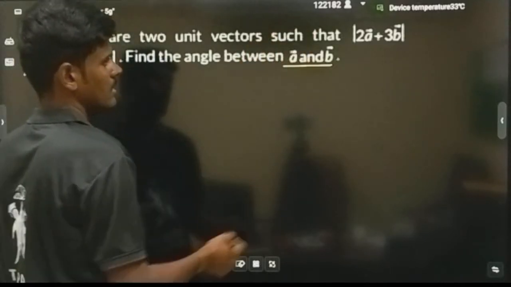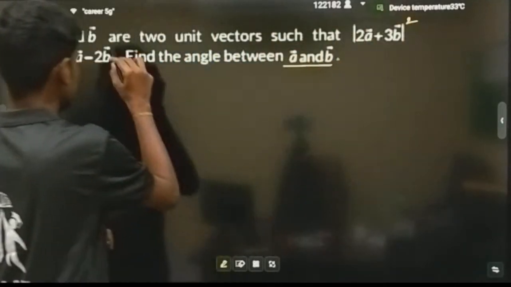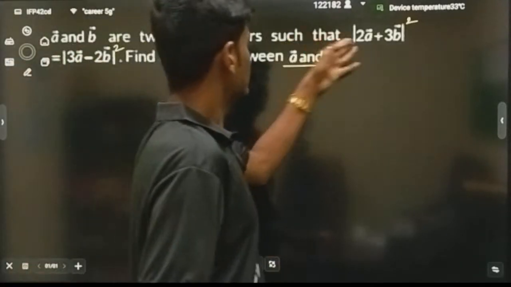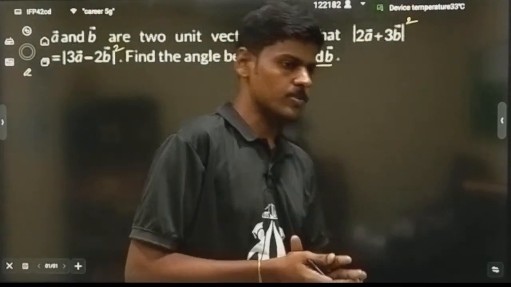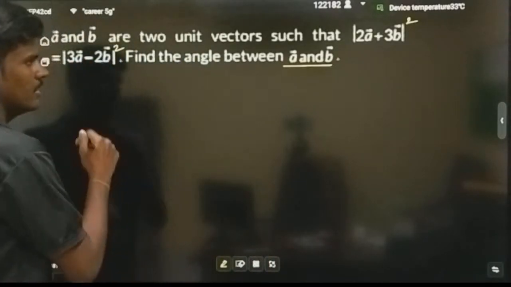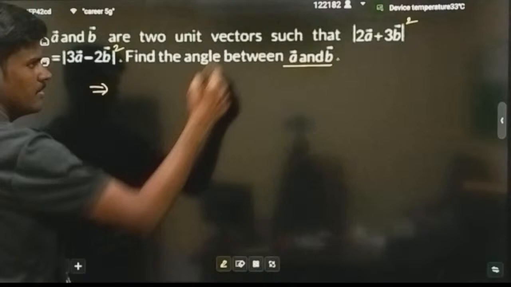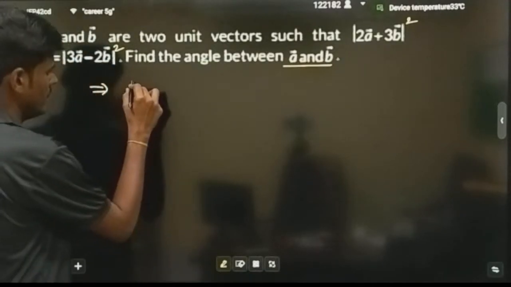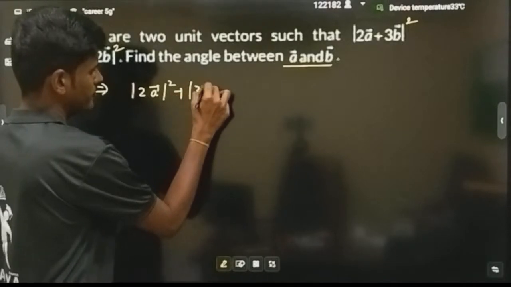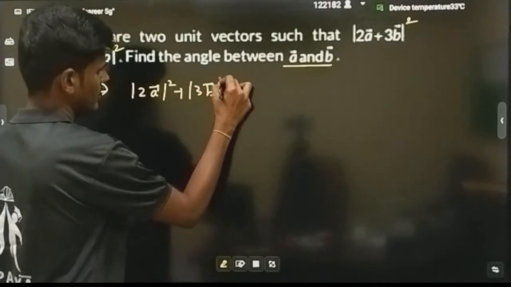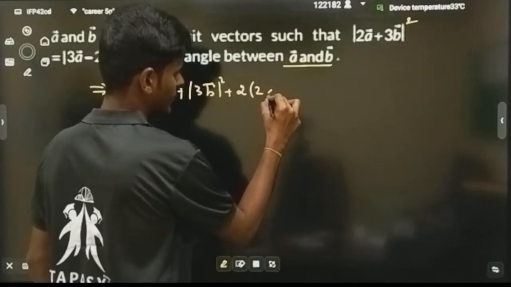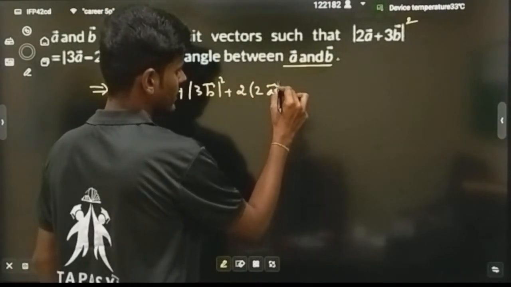We have this condition. What we can do, as the magnitudes are the same, their squares should also be the same. Yes or no? Yes. So magnitude of 2A plus 3B squared will be equal to magnitude of 3A minus 2B squared. Now we can write this as magnitude of 2A whole square plus magnitude of 3B whole square plus 2 times 2A dot 3B.